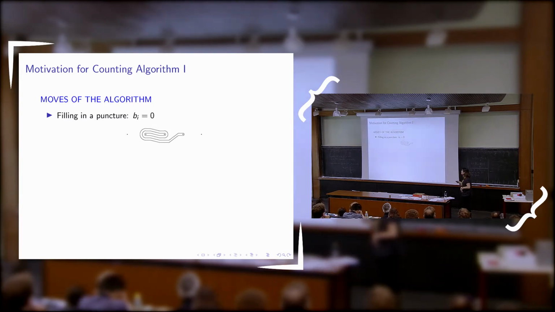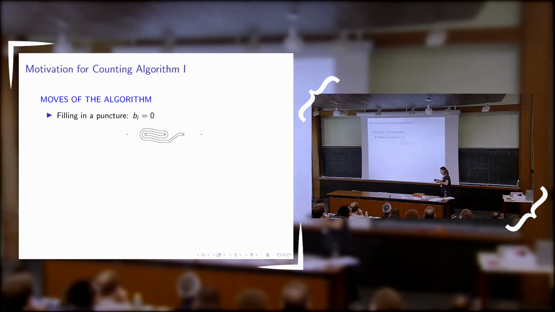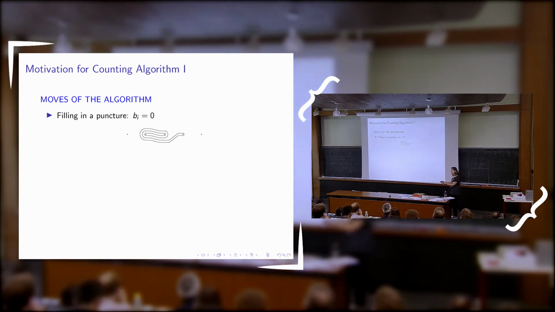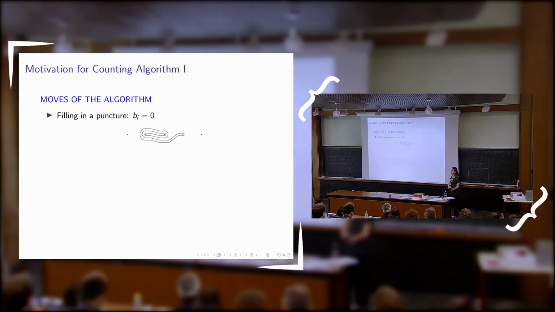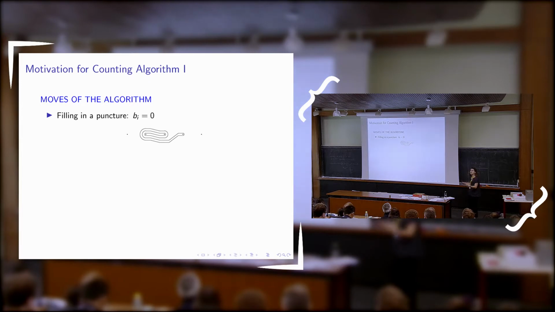So you fill in that puncture. When you fill in that puncture, you have the same set of simple closed curves. The simple closed curves do not change, but you have put the same multicurve on an n-1 punctured disk instead of the n times punctured disk. So you've decreased the number of punctures by 1 by applying the filling in the puncture move.